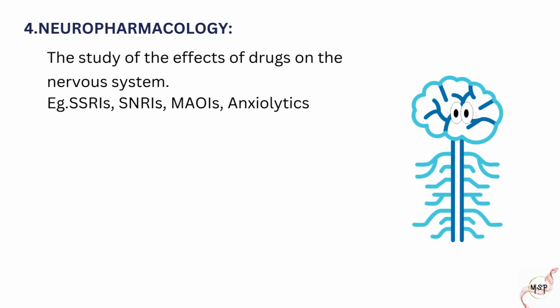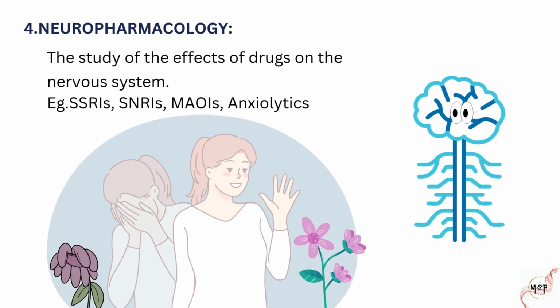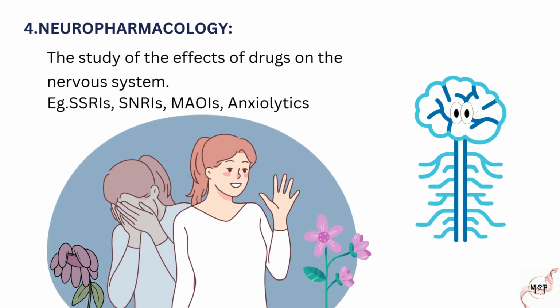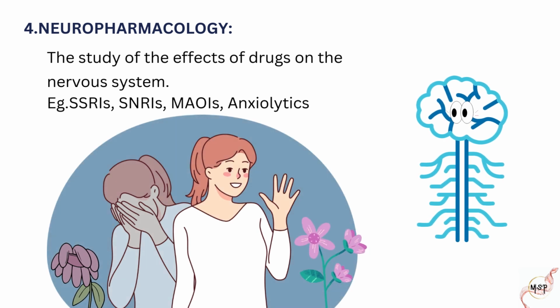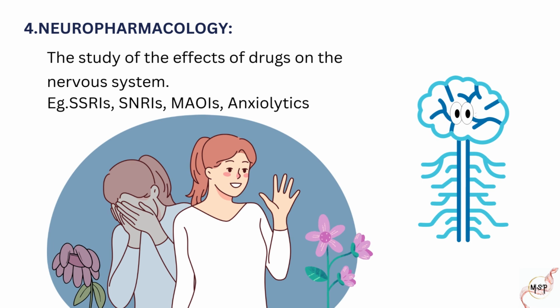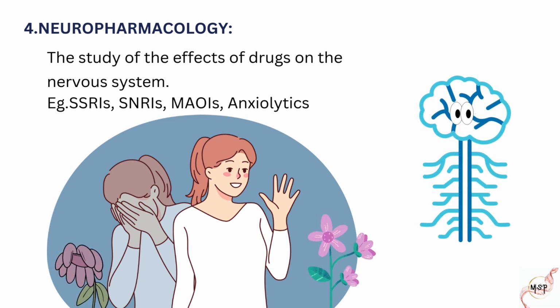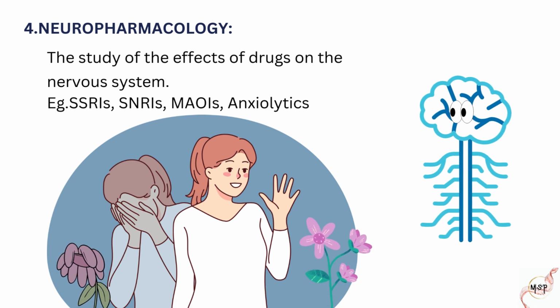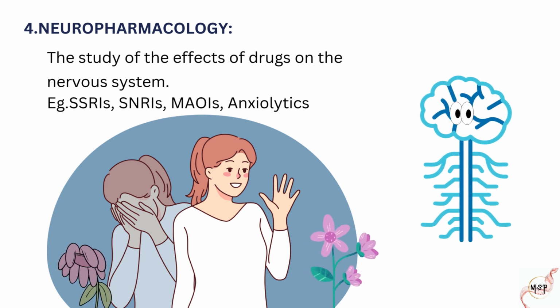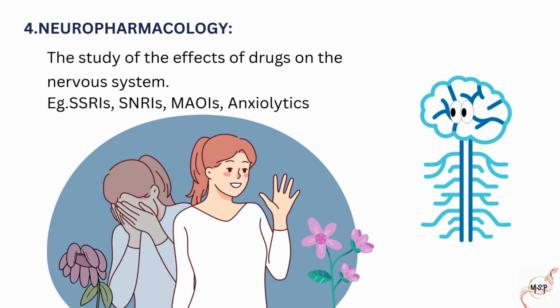Neuropharmacology is particularly crucial for treating mental health conditions. These disorders often involve imbalances in neurotransmitter systems. Take depression, for example, a condition that can feel like a heavy cloud hanging over a person's life. Research shows it often stems from a drop in essential neurotransmitters like serotonin, norepinephrine, and dopamine.